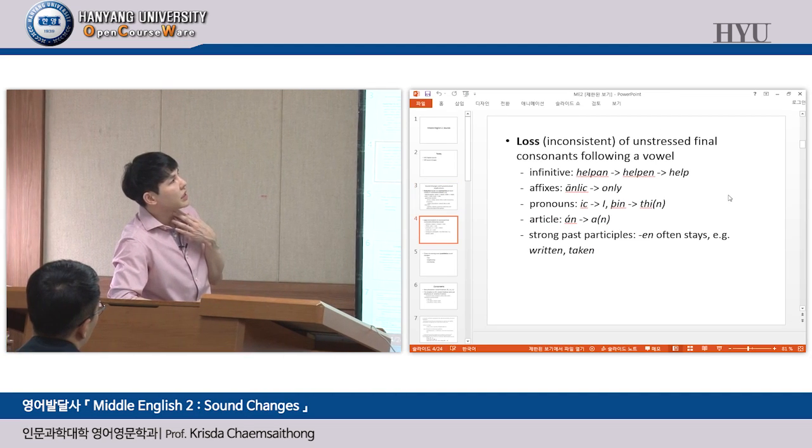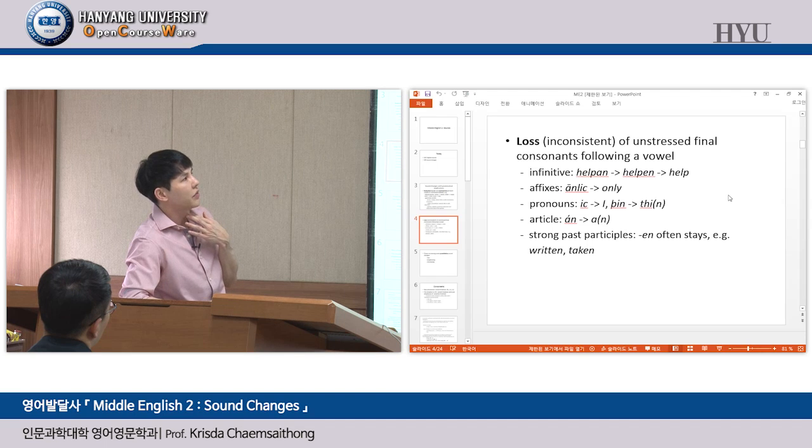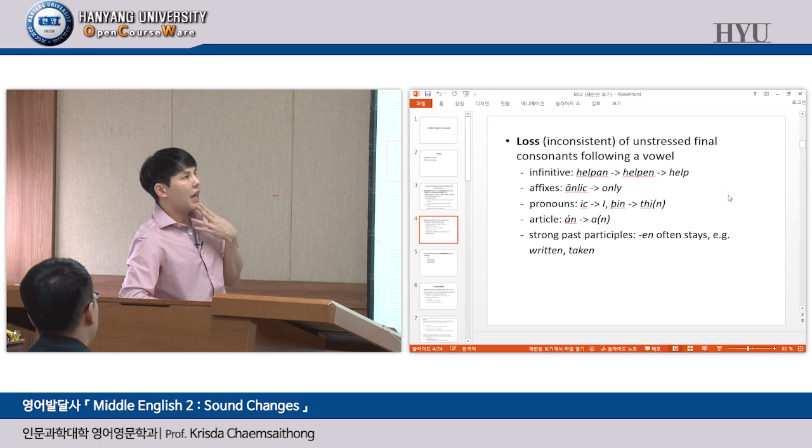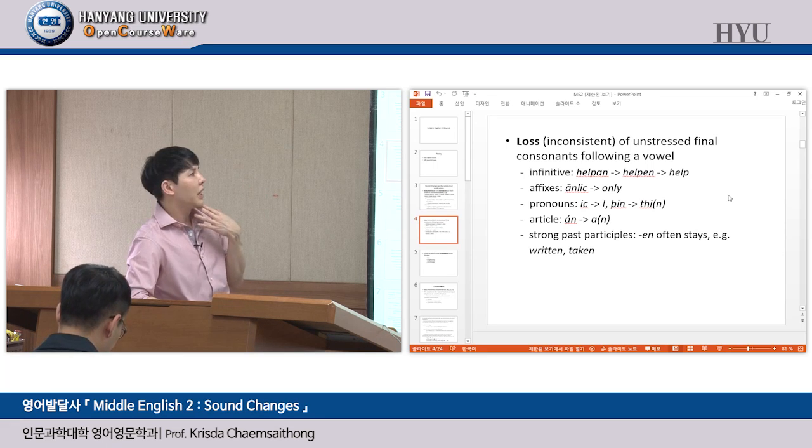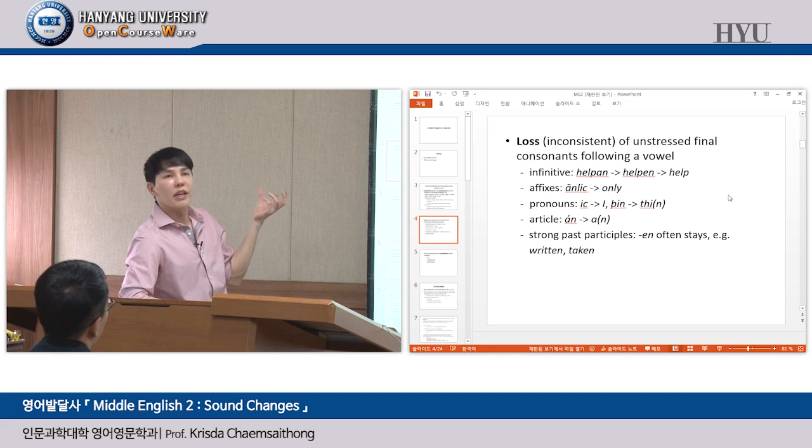And then there is inconsistent loss of unstressed final consonants in the following vowels, like this one, AN changed to EN because of the unstressed syllable, right? Changed to schwa, and then finally everything is gone, right? Affixes like the LIC ending, the C is gone, so you have only, like that, so lic became ly. Ic, pronounced ik, the N consonant is gone, so you have only I. Thin to thigh, and then the article an, which is an, right?